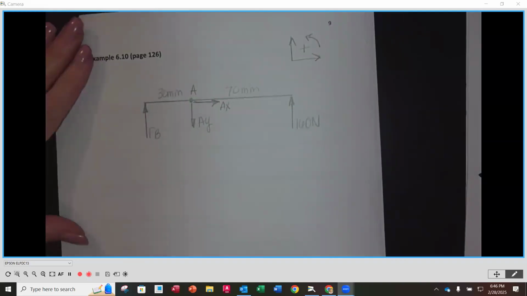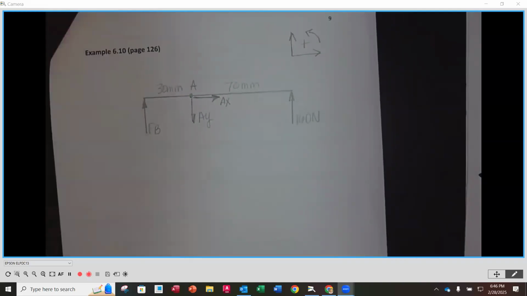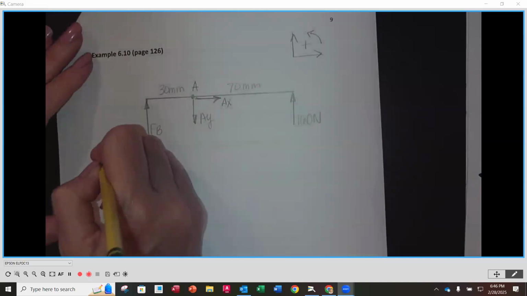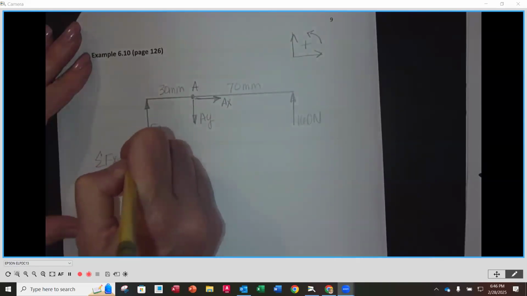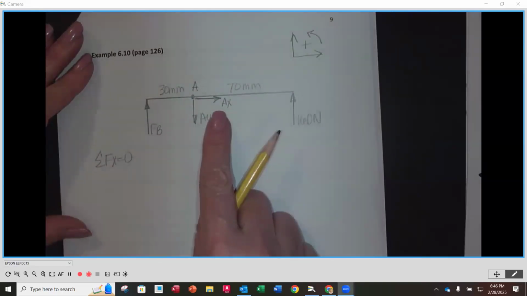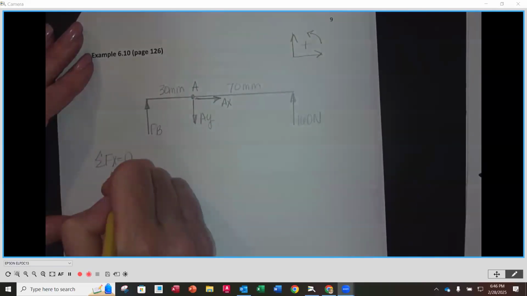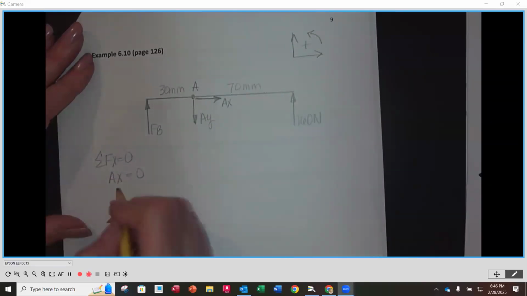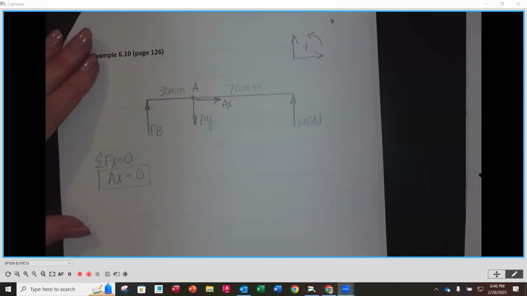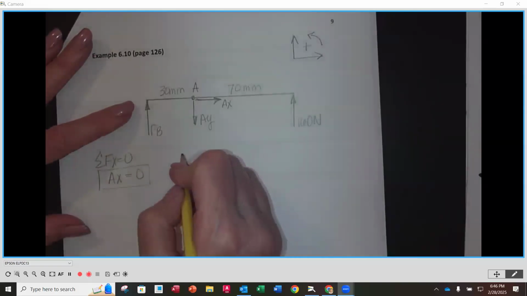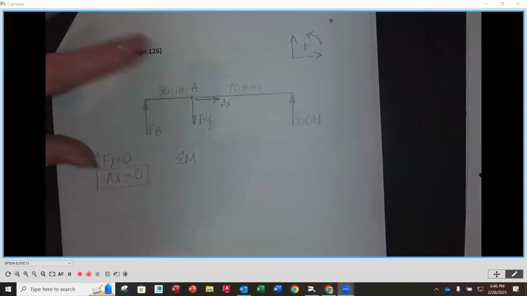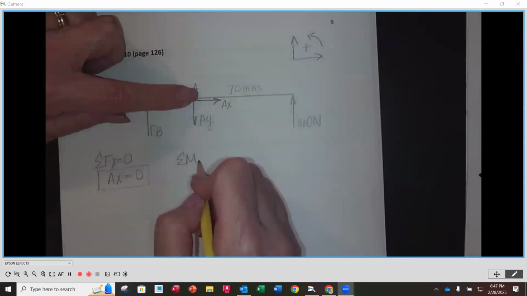Okay. So using our equations of equilibrium, I'm going to start by using the sum of the forces in the x equals 0. I only have that one force in the x direction, so AX is going to be equal to 0. Okay. Box around that. That is the value of the reaction at that support. Now, if we look, we've got two unknowns in the y again, right? So I'm going to sum my moments about A. That's that pivot point.